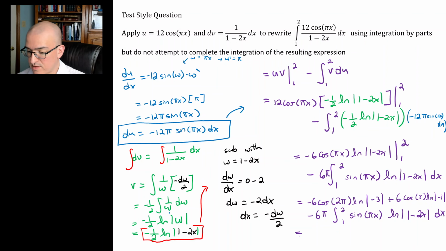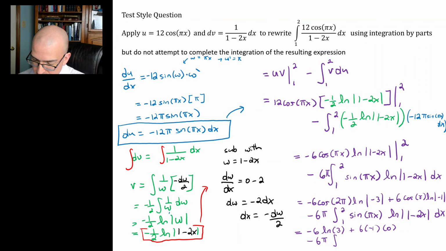Cos of 2π is 1. Cos of π is negative 1. So I'm going to get negative 6 times the ln of 3 plus 6 times negative 1 times 0 minus 6π integral from 1 to 2 of sine of πx ln absolute value of 1 minus 2x dx.